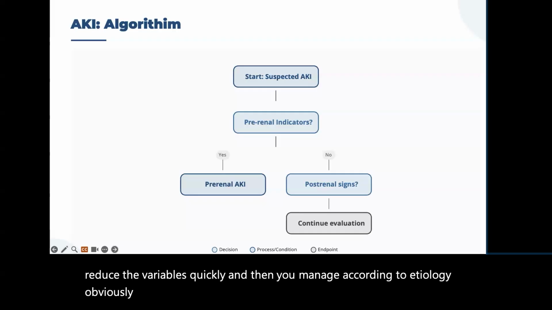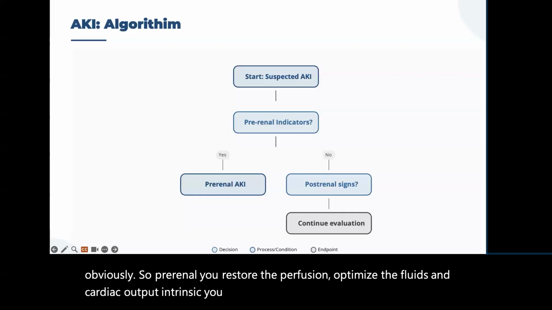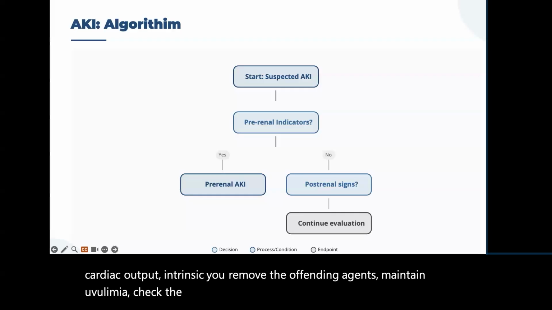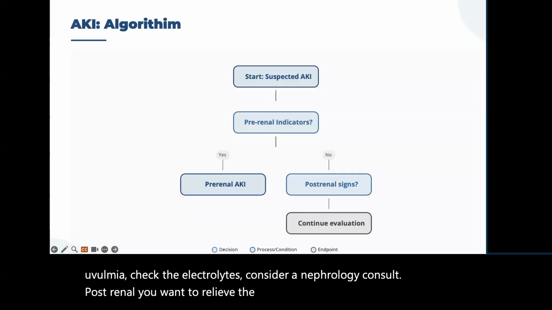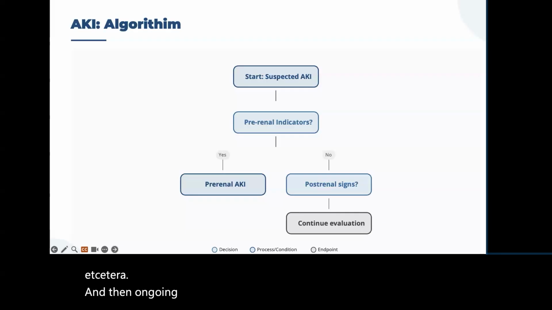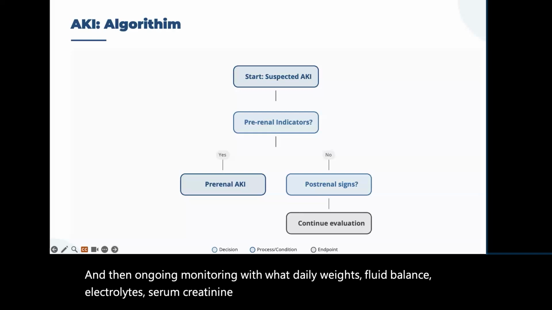So prerenal, you restore the perfusion, optimize the fluids and cardiac output. Intrinsic, you remove the offending agents, maintain euvolemia, check the electrolytes, consider a nephrology consult. Postrenal, you want to relieve the obstruction: Foley catheter, stent, surgery, etc. And then ongoing monitoring with what? Daily weights, fluid balance, electrolytes, serum creatinine, and adjust all medications to the current GFR.